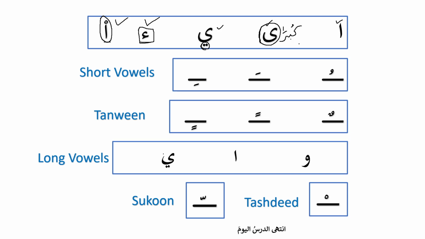For example, Ar-Rahman. In Ar-Rahman, you can see that there is this short alif written onto that, but it is prolonged for 2 seconds. Similarly, when you say Sughra, Kubra, Bushra, what happens basically is that before alif maqsura, we have a long alif, but it's not written like this.